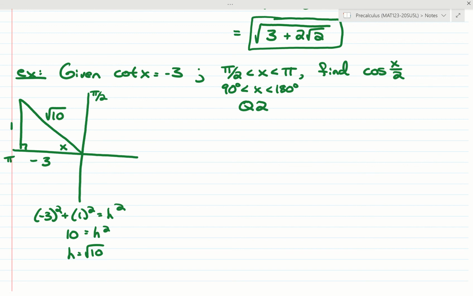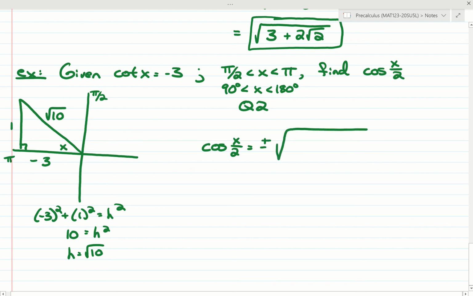Find the cosine of x over 2. Okay, so the cosine of x over 2 is going to equal positive or negative square root of 1 plus cosine of x all divided by 2. Well, if x is in quadrant 2, where would x over 2 be?